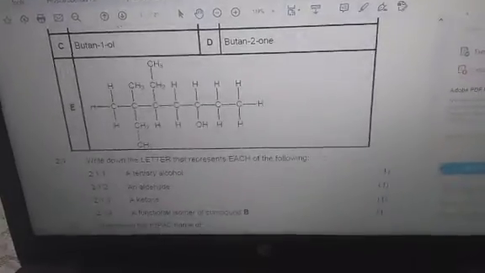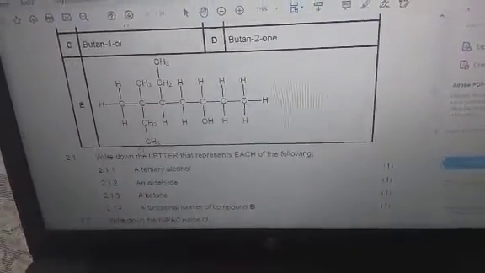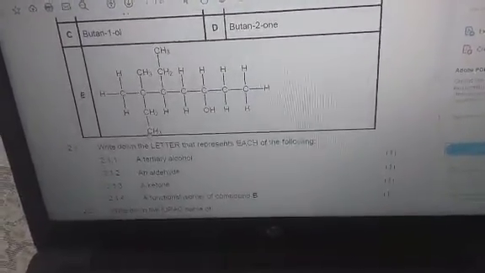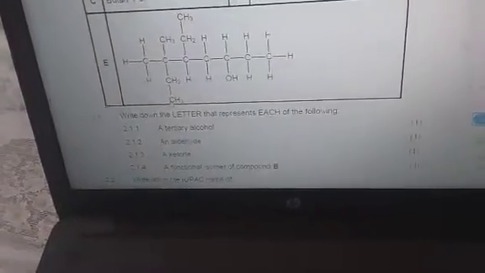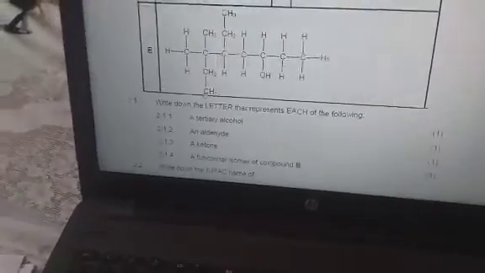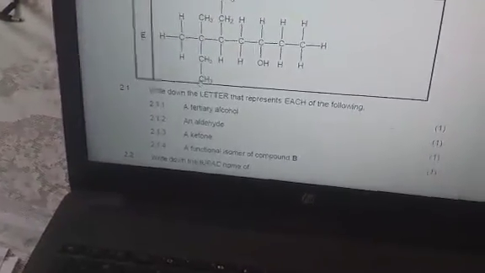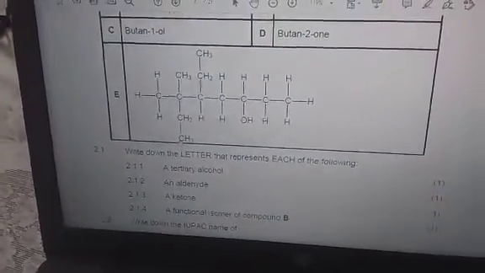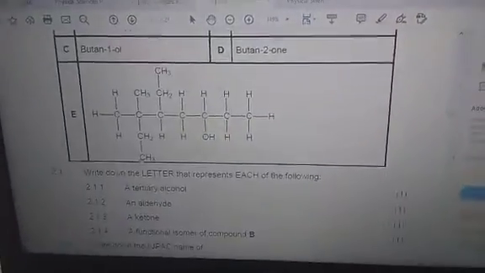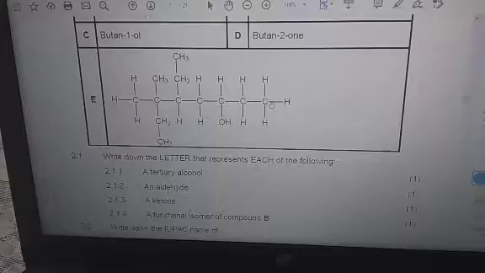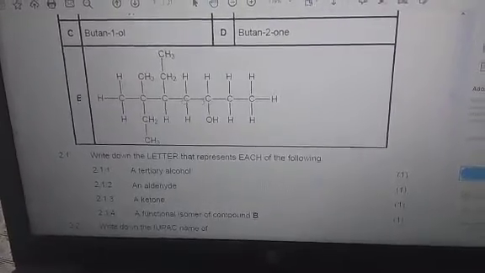Okay, how do we name? Where do we start? Do we start here or here? It depends on the closest substituent. 1, 2, 3, 4, 5.